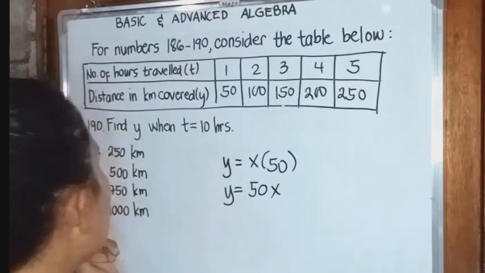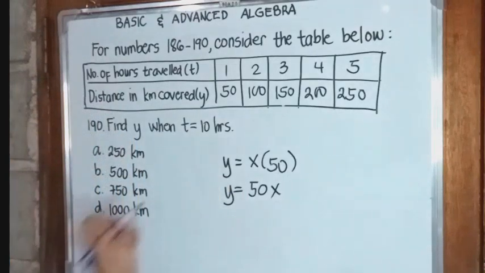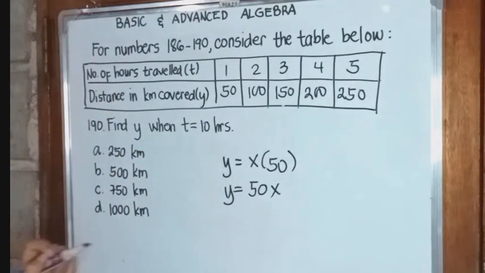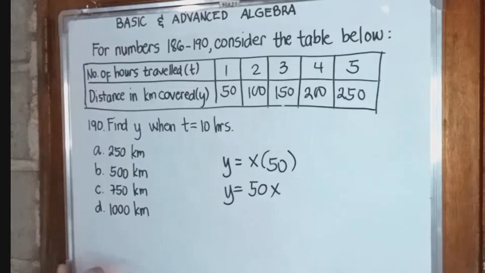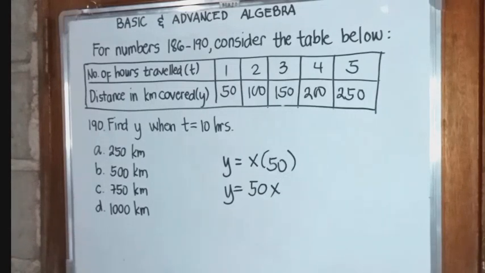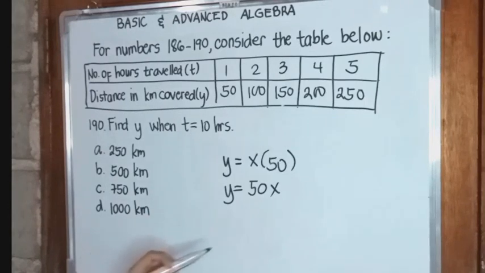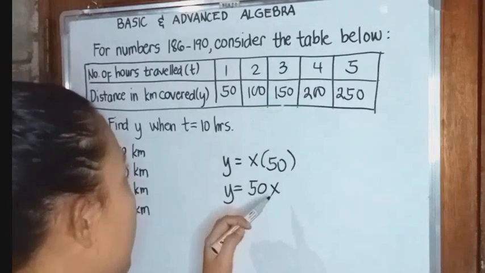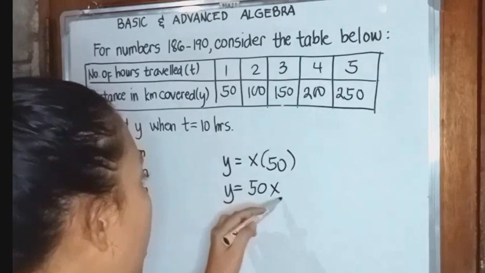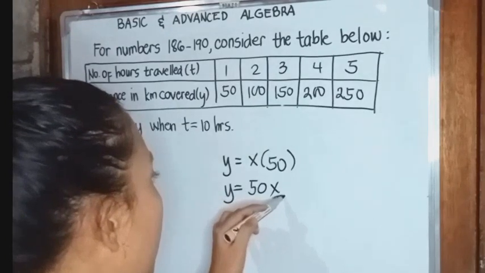Since in our problem the given is 10 hours, we have to solve for the distance in kilometers covered when the given time is 10 hours. We'll have to substitute, since I let x be the number of hours.